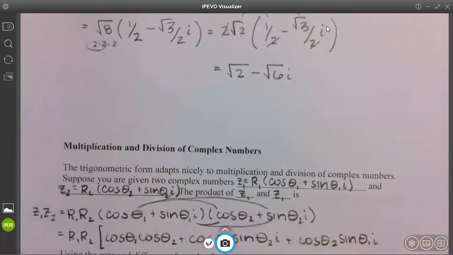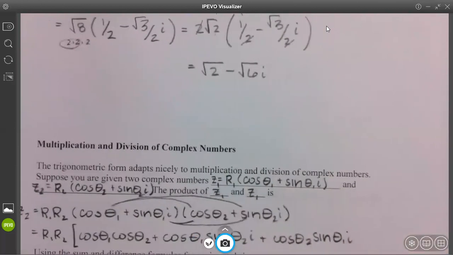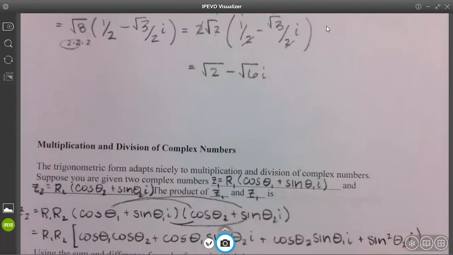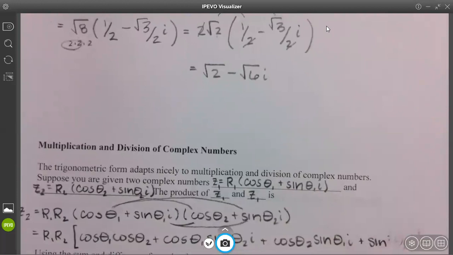And then last, you're going to have plus sine theta 1 i sine theta 2 i. That's not right. Sorry, y'all. It'll eventually be that way. Let's do it this way.